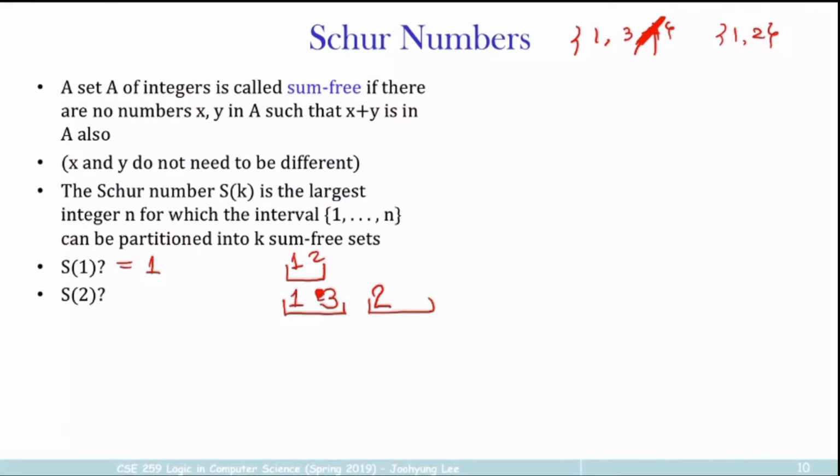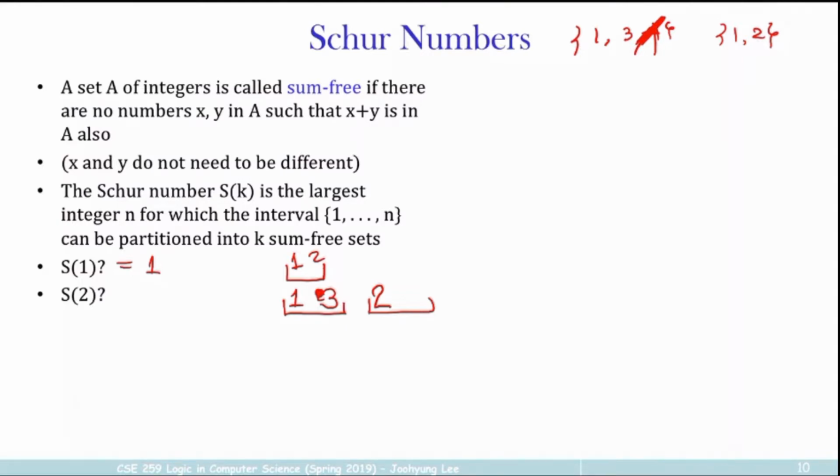It's not working. So what about 4? Can you place 4 in the first bucket?